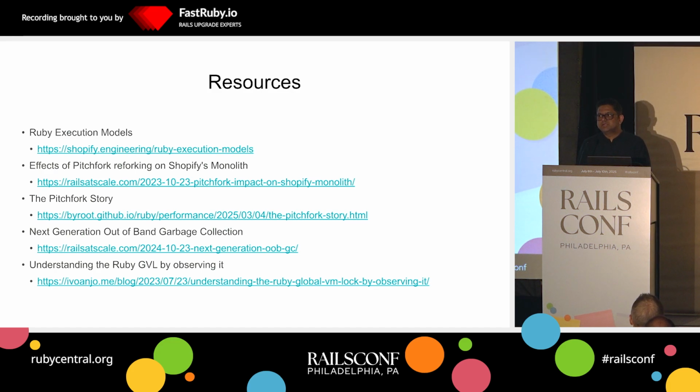Yes, I have deployed Puma and Falcon together, not Pitchfork though. What I did was set up a proxy in front of it and forward only certain requests to Falcon, which I knew were IO heavy because they were calling some external APIs, and I didn't want to handle that through Sidekiq. I knew it was much easier to do in Falcon.